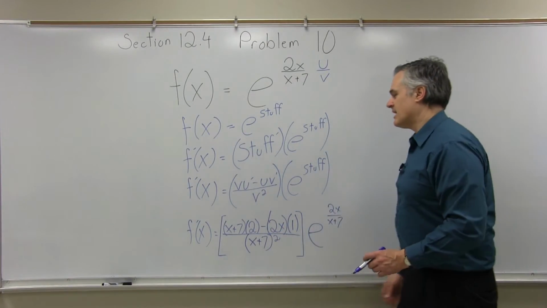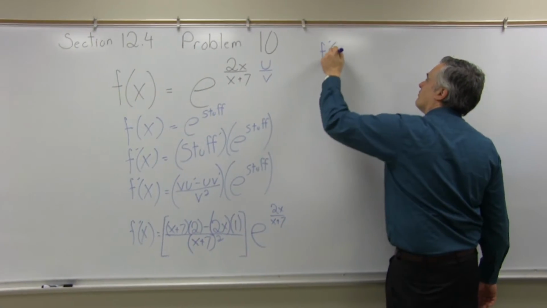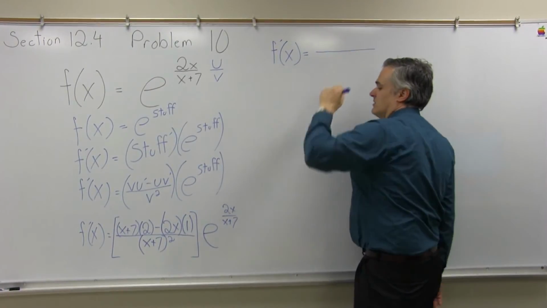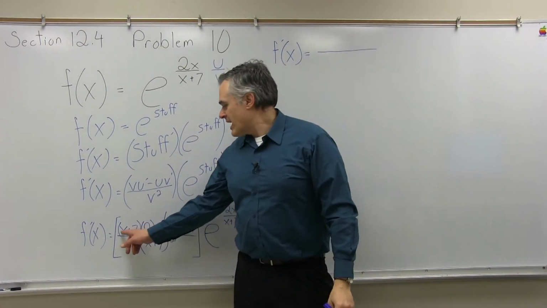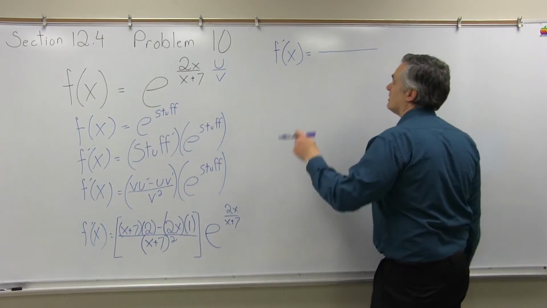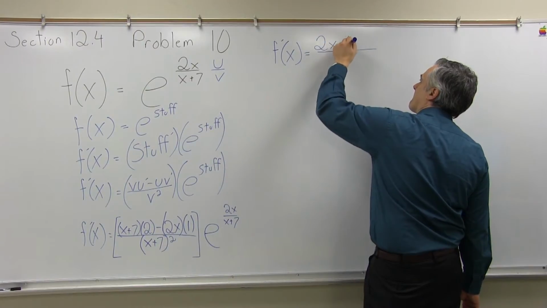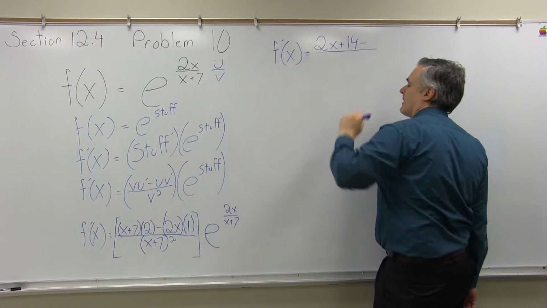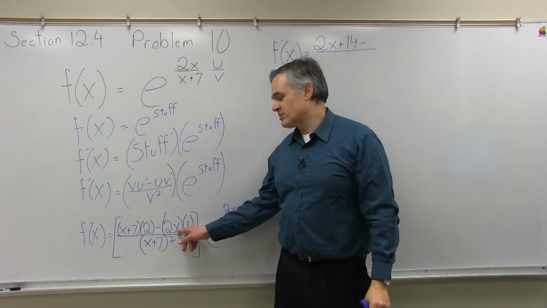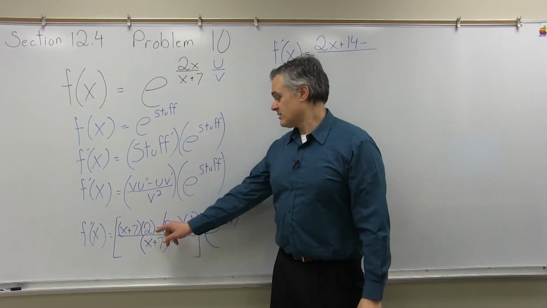So I'll simplify this down a little bit. F prime of x equals, so x plus 7 times 2 will be 2x plus 14. And then the second piece of my quotient rule on top, 2x times 1, is just 2x. Don't forget that it's minus 2x.